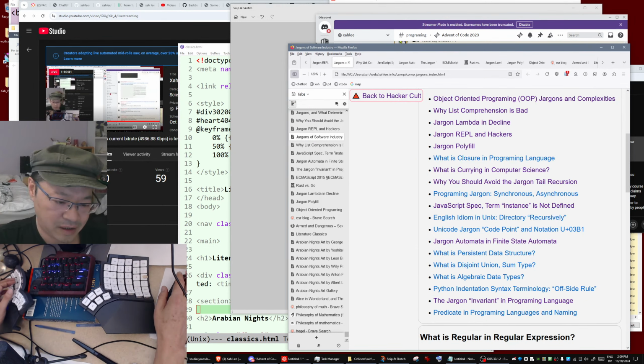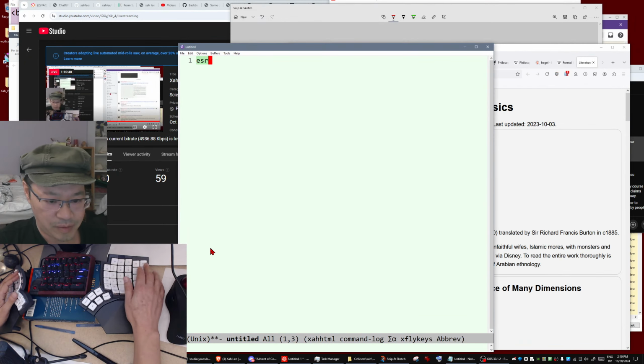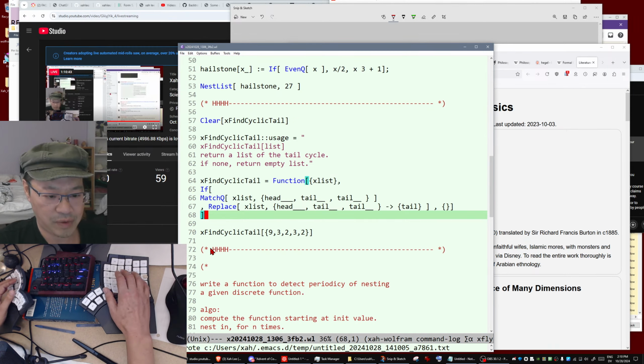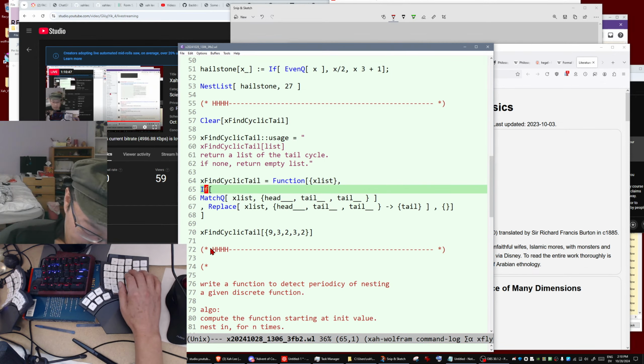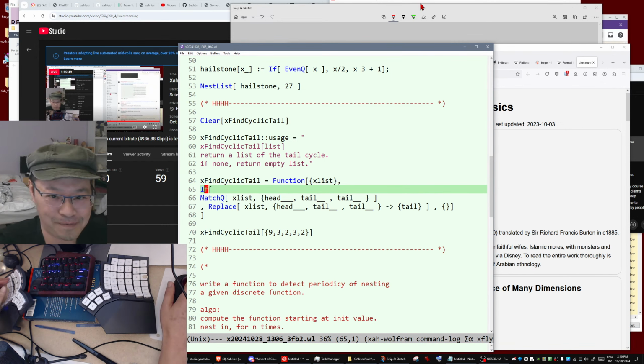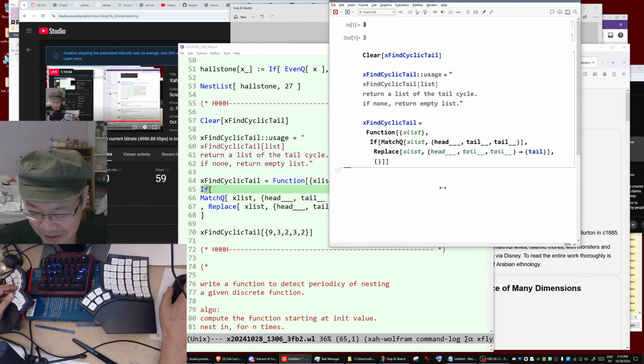So let's go back. We already talked for 70 minutes, and we digressed so much. Where are we? We were trying to start to talk about Advent of Code, writing a function to find the periodicity when a function is nested.